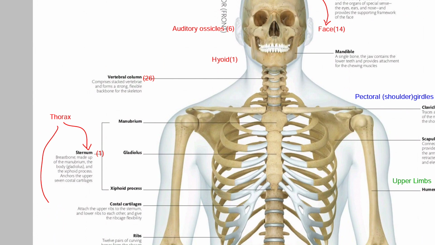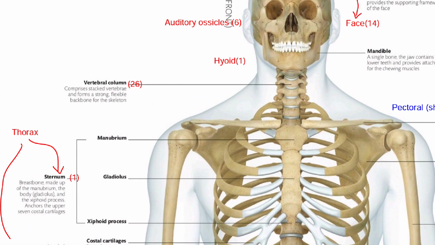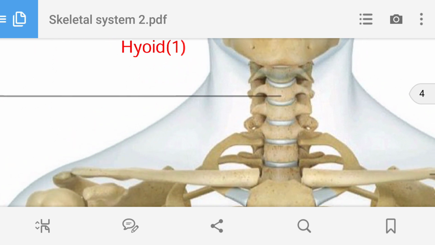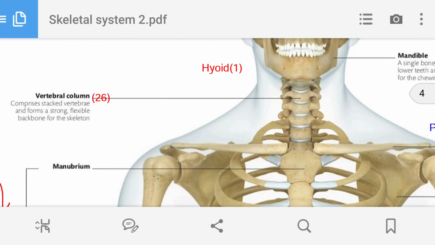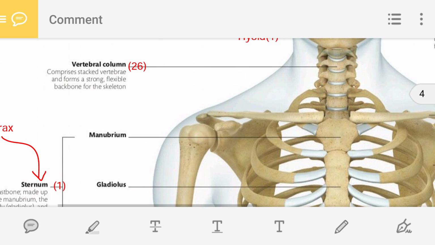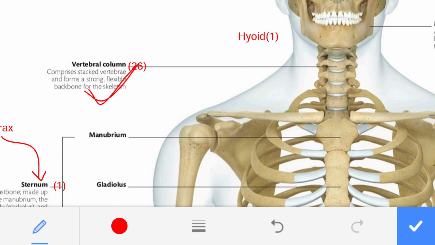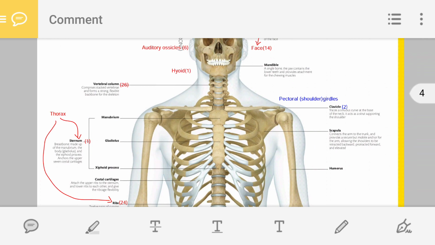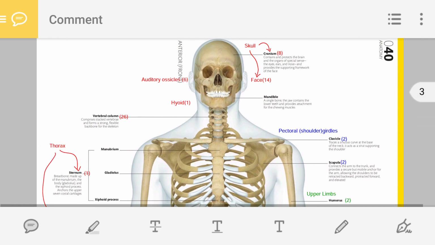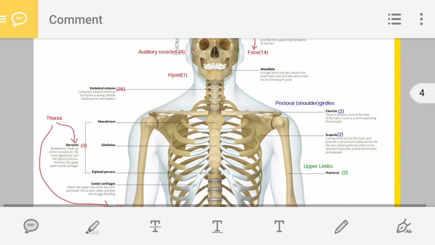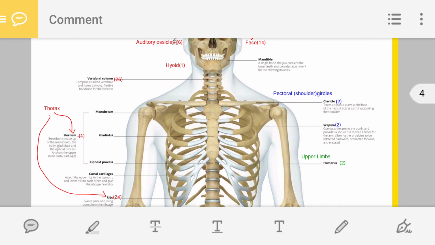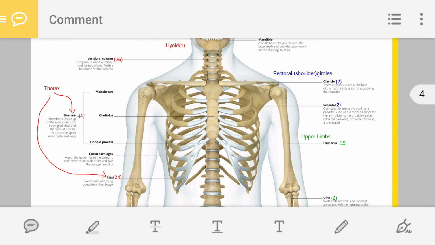This one is the vertebral column, and in the vertebral column there are 26 vertebra. With this we have completed the bones of the axial skeleton. Now I will show you the bones of the appendicular skeleton.